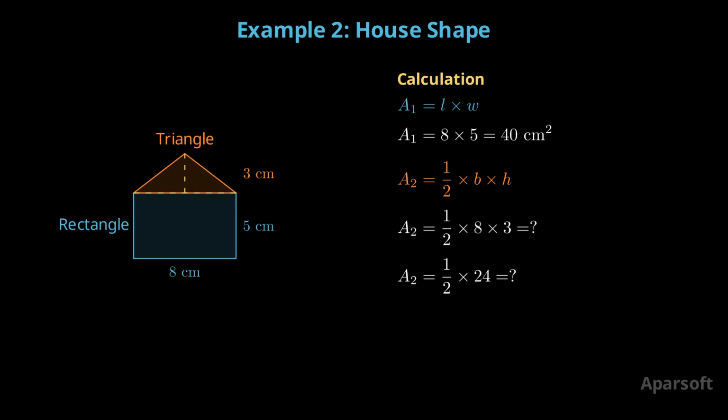Half times 8 times 3, that is half of 24, which is 12 square centimeters. Now add them together. 40 plus 12 equals 52 square centimeters. And there is our answer. The area of the house shape, with rectangle and triangle combined, is 52 square centimeters.